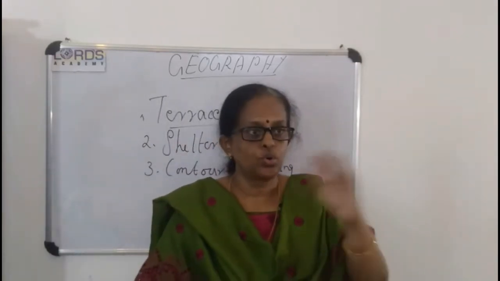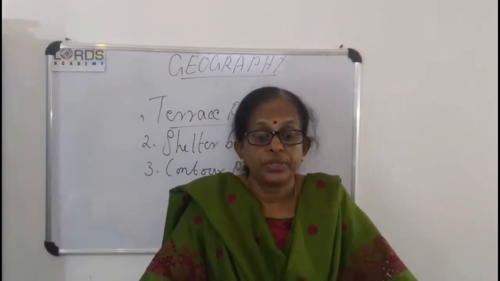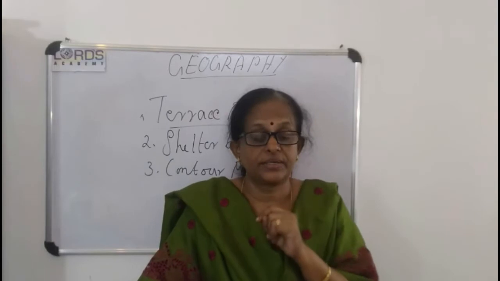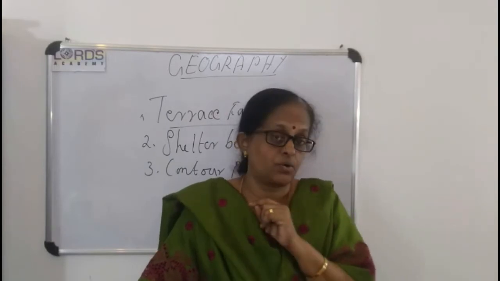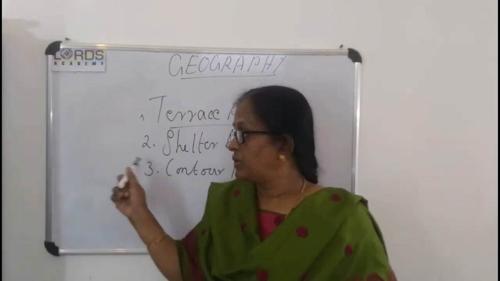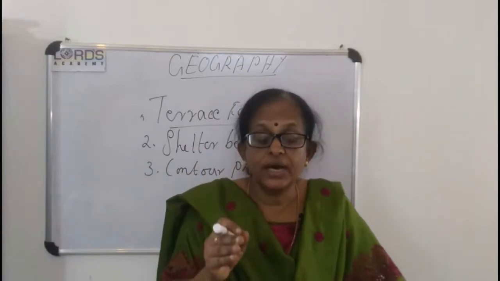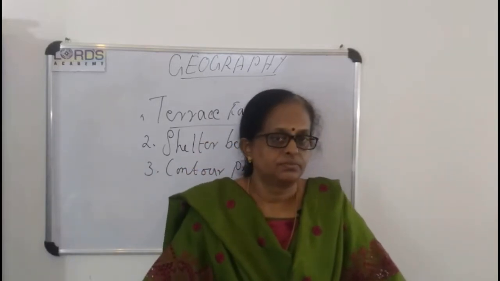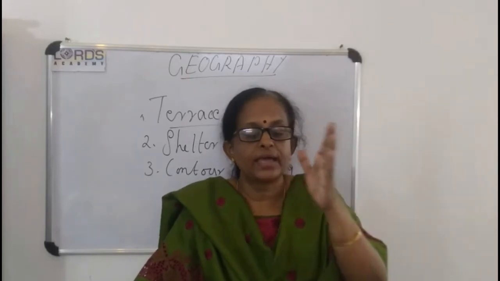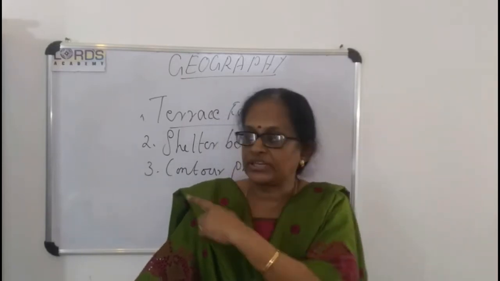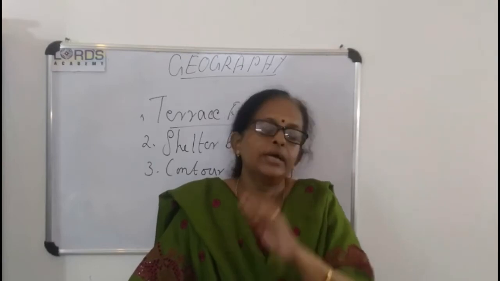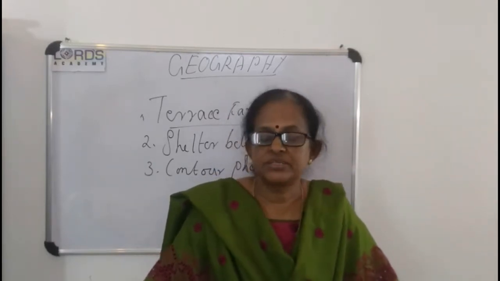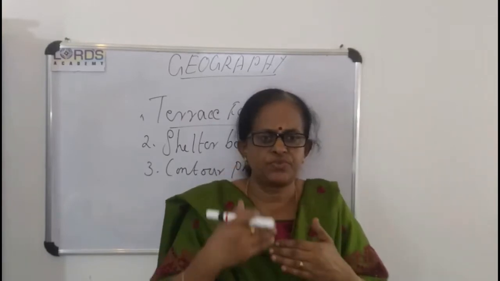Ploughing along the contours on a slope prevents soil being washed away by rainwater or by surface runoff, because contour ploughing reduces the soil erosion by rainwater. Clear? Then contours act like bunds, just like we studied about terrace farming. That also acts as a bund. This contour ploughing acts as bunds because it is connected with terrace farming.